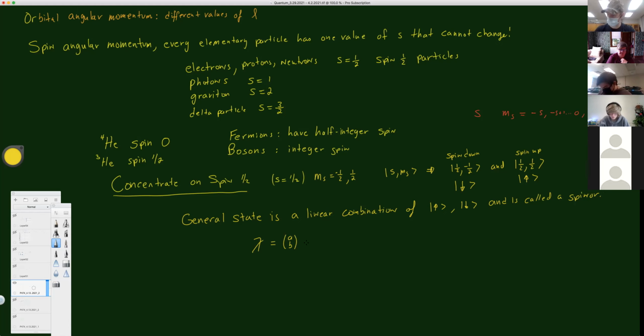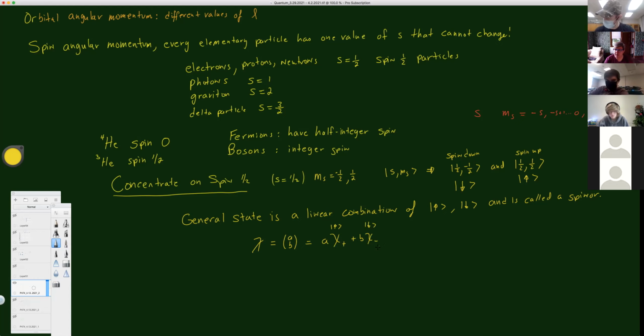A two-dimensional matrix, a column vector, which is the representation, which can be written as A times chi plus. This is the shorthand for the up, and then plus B times chi minus. This will be down.